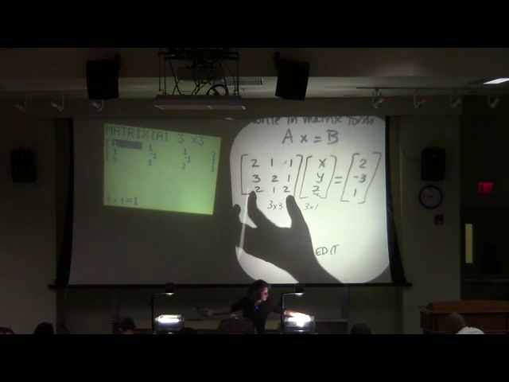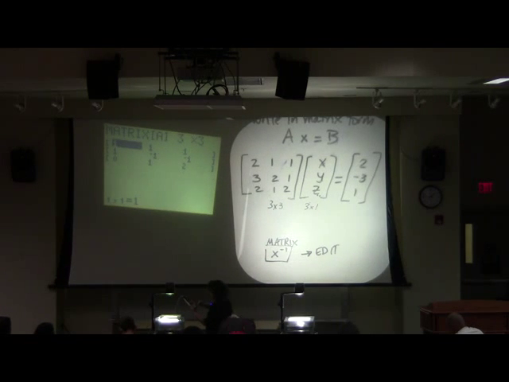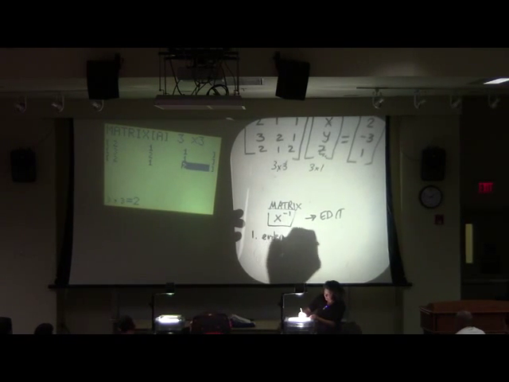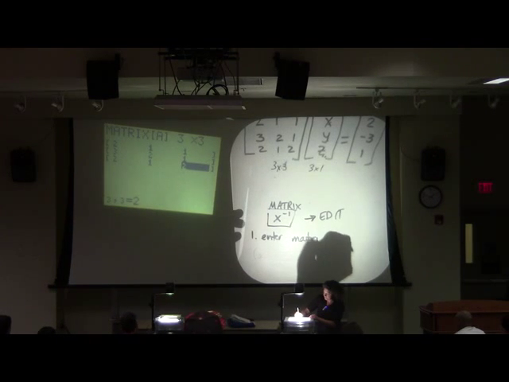And now what you're going to do is enter your matrix A. So you're going to hit 2, enter. You go across each row. 1, enter, 1, enter. Then 3, 2, 1, and 2, 1, 2. So step 1, enter matrix A.